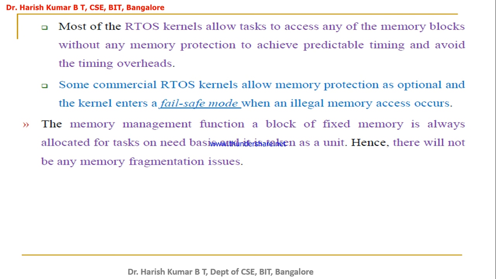The RTOS kernel allows tasks to access any of the memory blocks without memory protection to achieve predictable timing. In a general purpose operating system, we understood that there is a memory protection system present inside the kernel, but inside the RTOS kernel you don't find any memory protection system. Why?